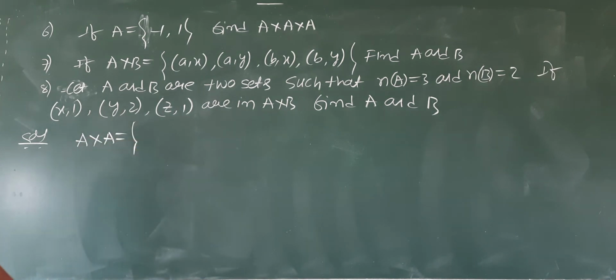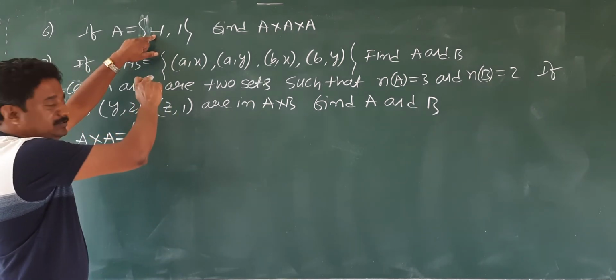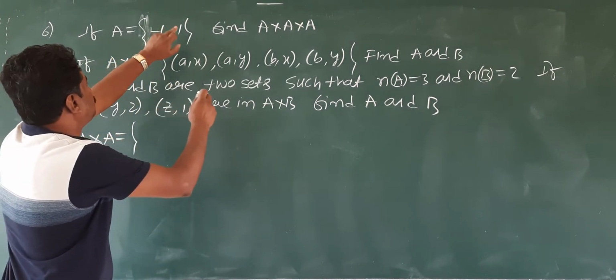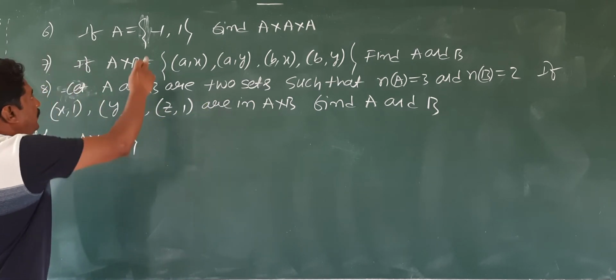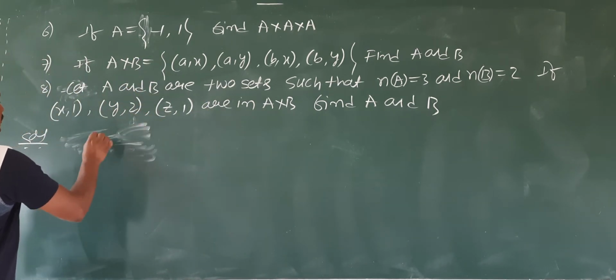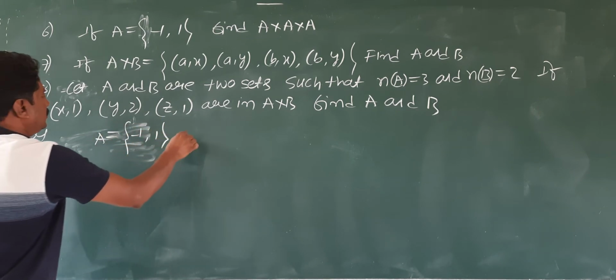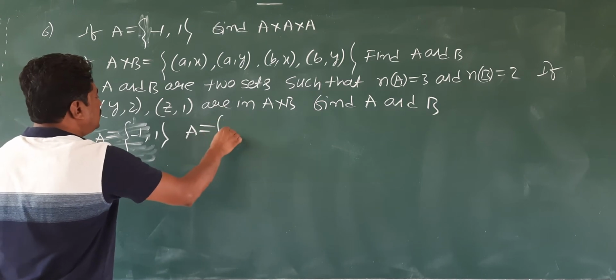Can I find it directly, students? Set A is {-1, 1}. Once again I write that same set.